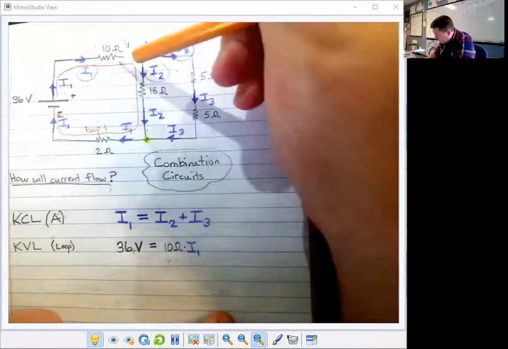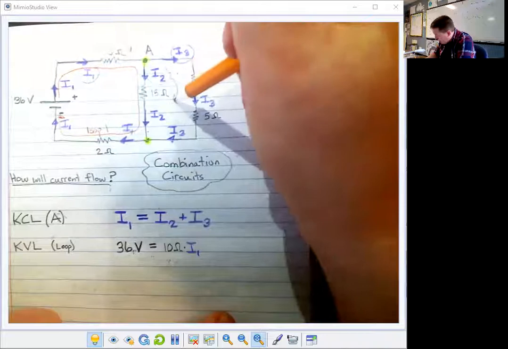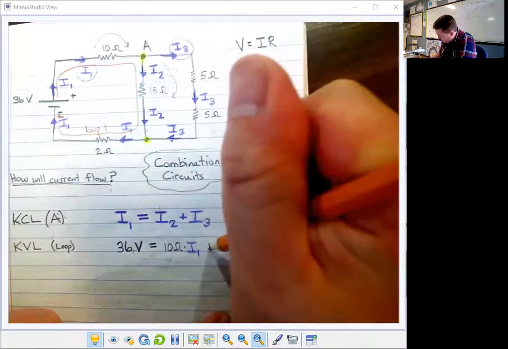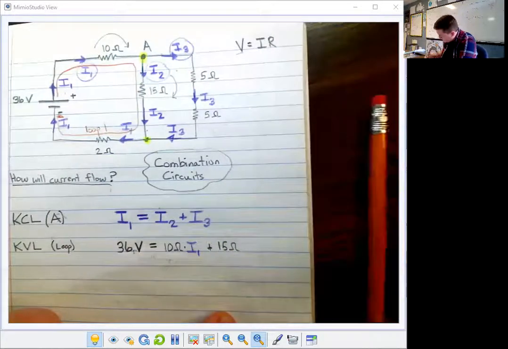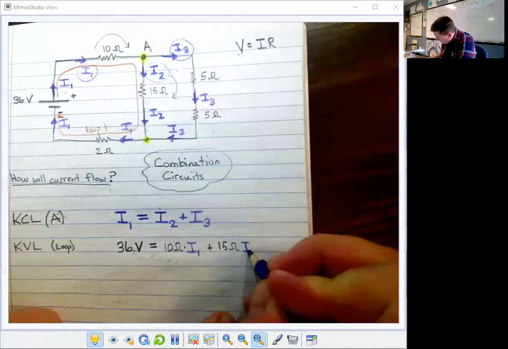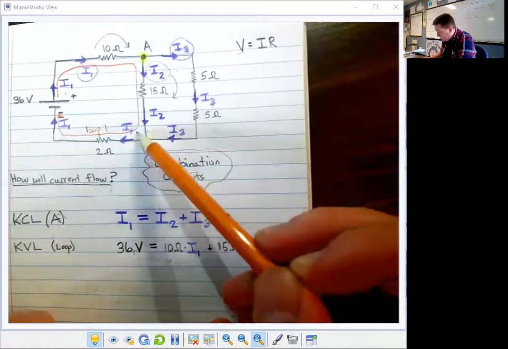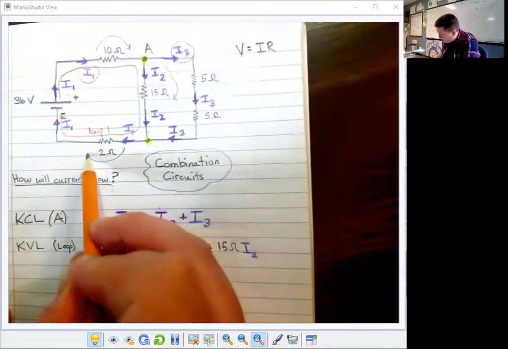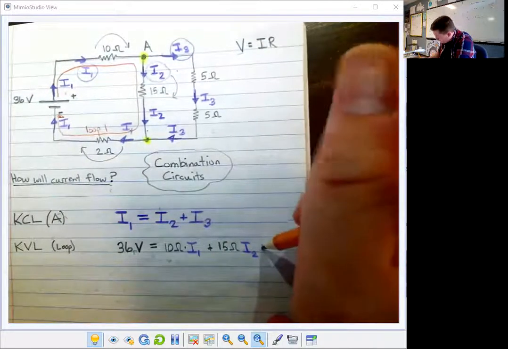Okay, my next voltage drop on this path is I2 going through 15 ohms. So I'm going to add that voltage drop. And then I'm going on the loop, and now we have my next and final voltage drop, which is I1 times 2 ohms.